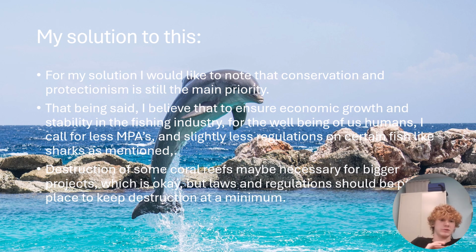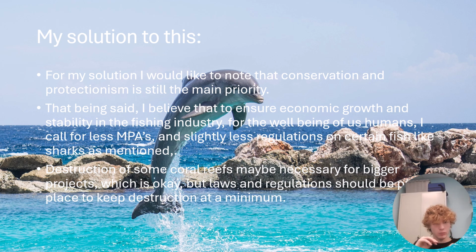So here's how I will fix this. First off, I'll still make conservation my number one priority, but I want to ensure economic growth and stability. So, for example, MPAs. In the University of Victoria study, it said that the most successful MPAs usually only have single non-fishing zones and have a lot of enforcement.